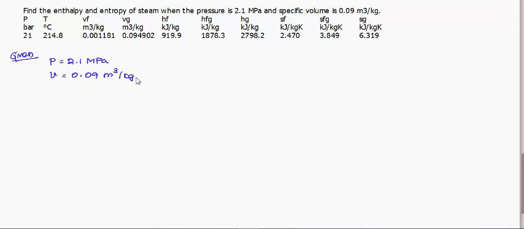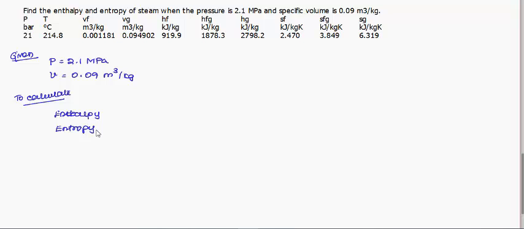We have to calculate the first one, enthalpy, and the second one, entropy.